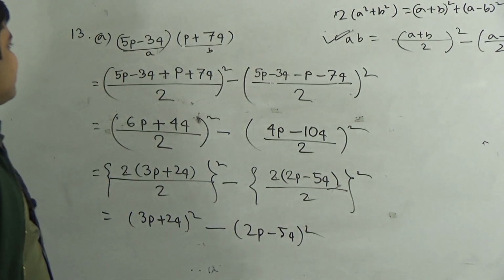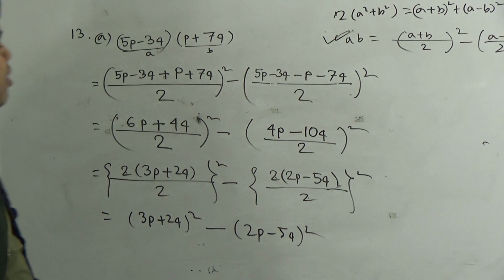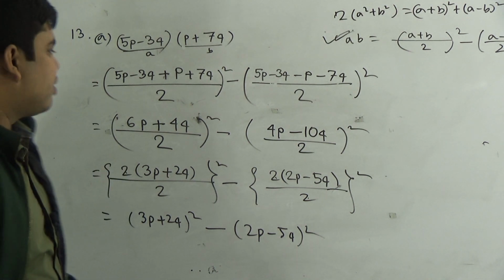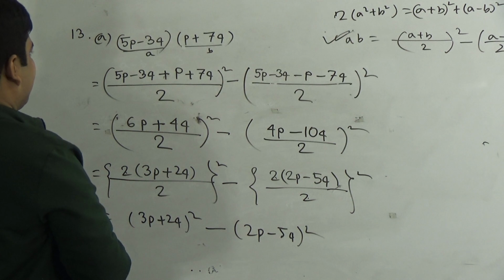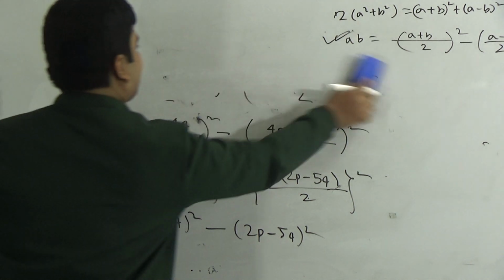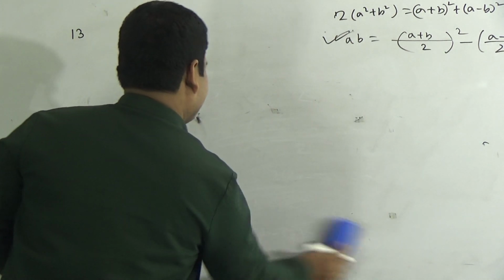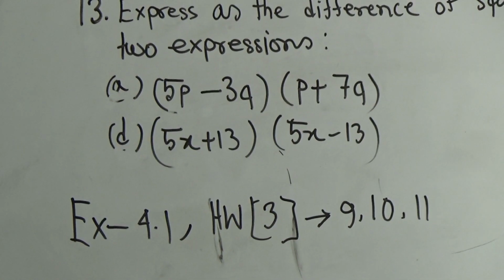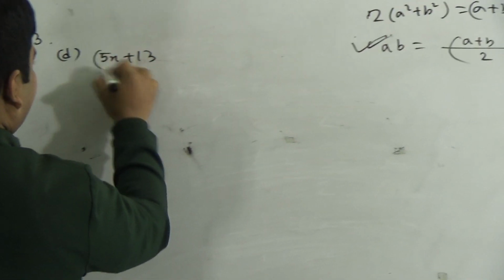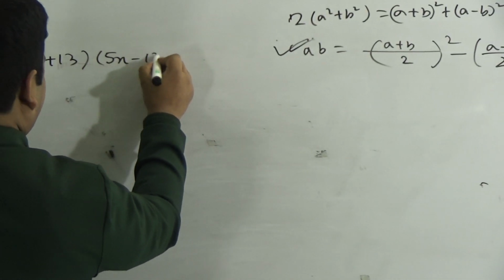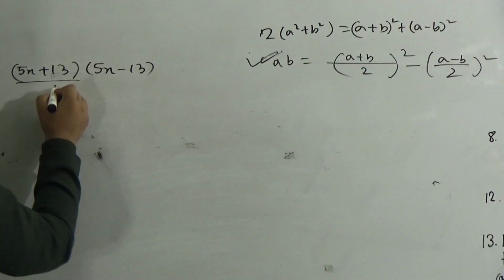You can solve parts B and C just like this. Okay. Next question, part D. Question D is 5x plus 13 and 5x minus 13. So it is a and b.